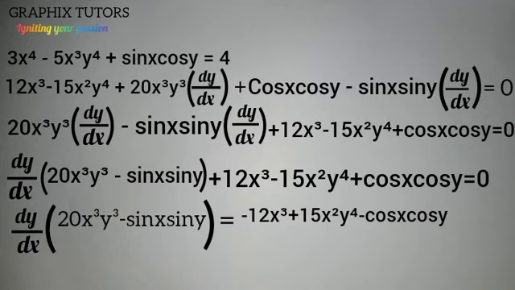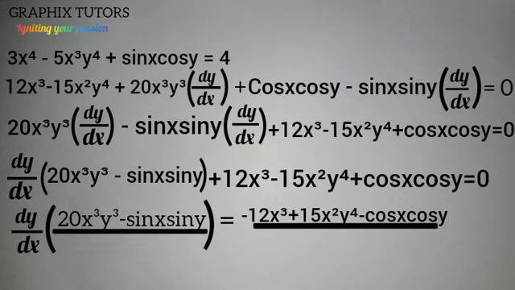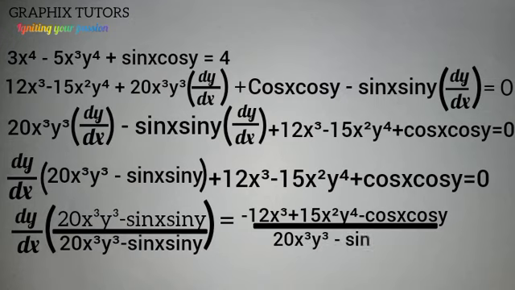From here, you divide both sides by what is closer to the dy over dx, because you want dy over dx to be the subject of the formula. So if you divide both sides by 20x cubed y cubed minus sin x sin y, you have dy over dx equals minus 12x cubed plus 15x squared y to the power of 4 minus cos x cos y, all divided by 20x cubed y cubed minus sin x sin y. So this is what we have if you divide both sides by that.